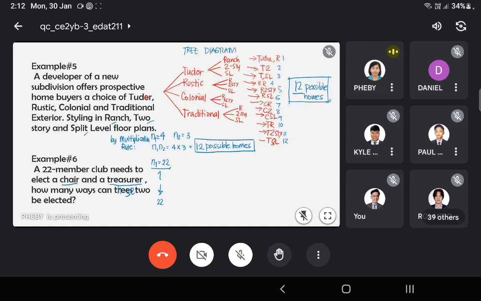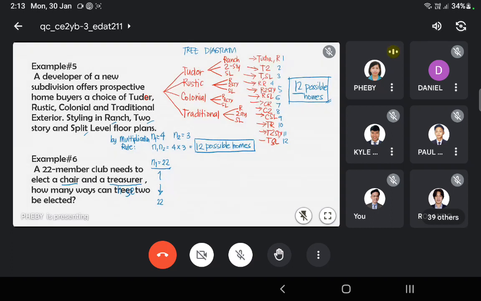So, yan ang ating n sub 1. So, from this n sub 1, so sa 22 members, pwedeng pumili dyan ng either treasurer or chair.